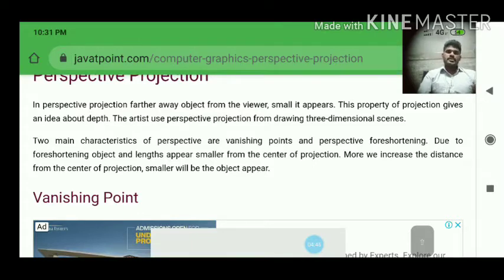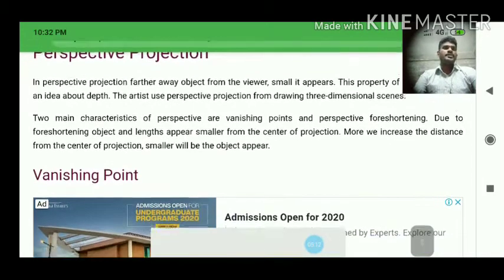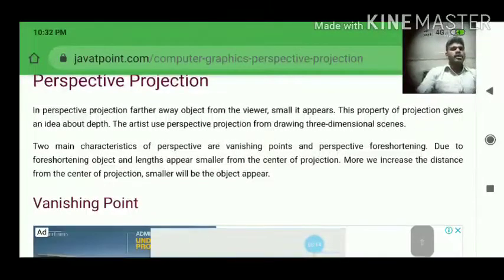What is projection? Already told, projection is nothing but three-dimensional to two-dimensional. So draw a three-dimensional image in two-dimensional form on a screen. Draw the three-dimensional object image in a two-dimensional way on the screen.